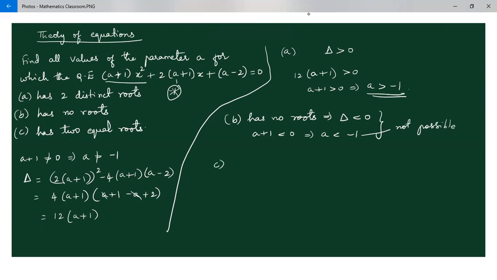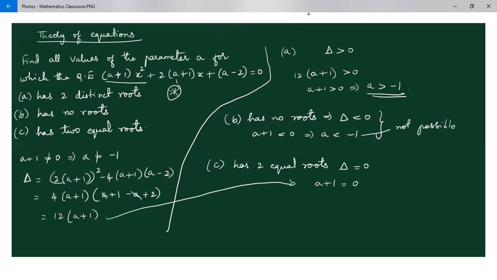The third one: the equation has two equal roots. If the equation has two equal roots, then its discriminant must be equal to 0. If its discriminant is equal to 0, then a + 1 will be equal to 0 from here.